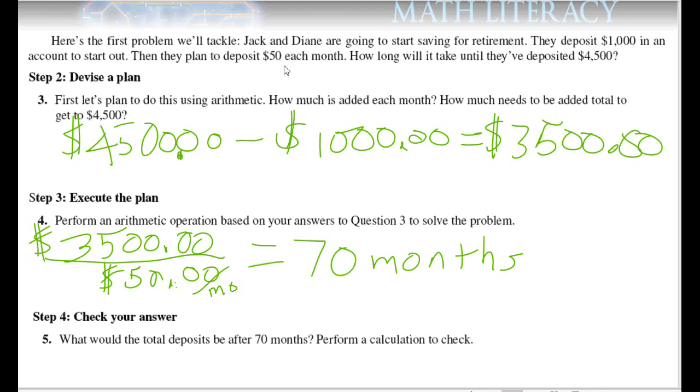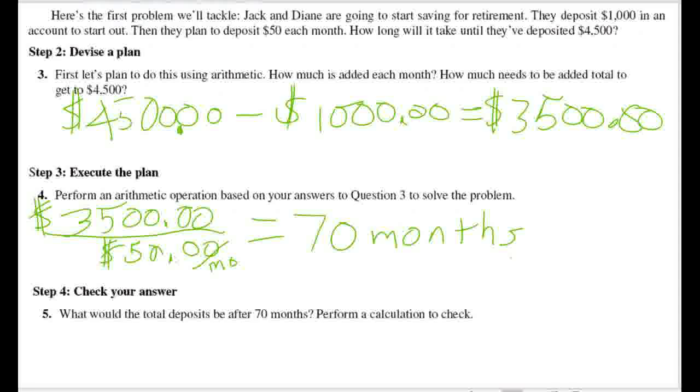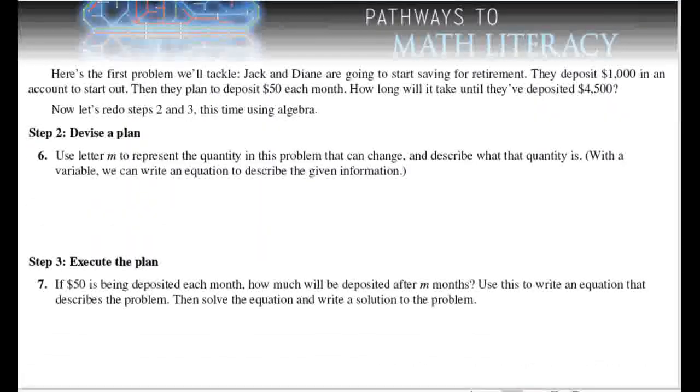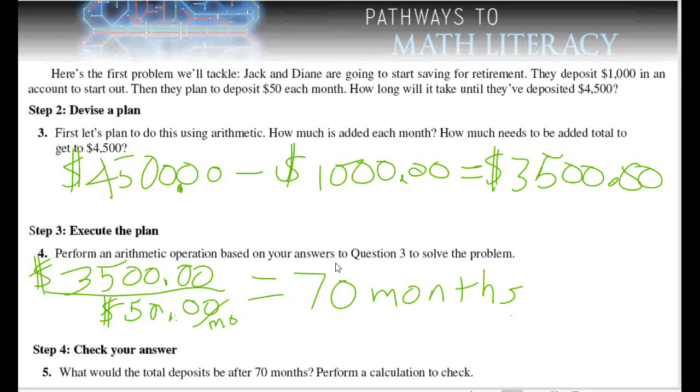Step 5 is check your answer. So perform a calculation to check. So do that really quickly and then come back to the video. All right.